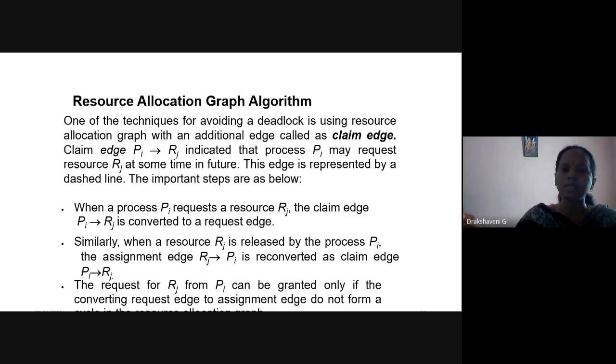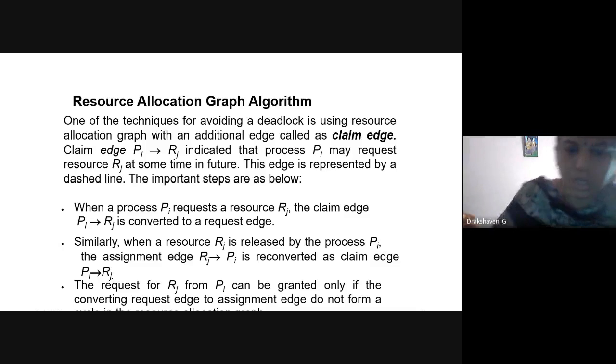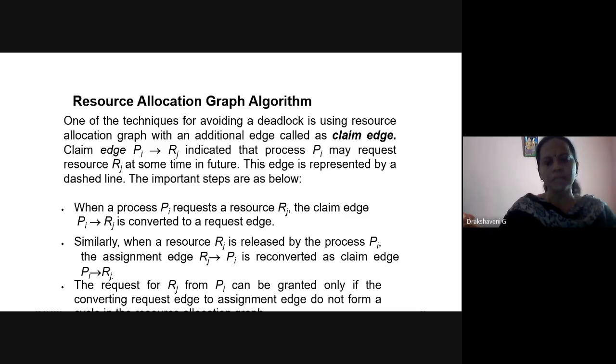The important steps are as below. When a process Pi requests resource Rj, the claim edge Pi to Rj is converted to a request edge. Similarly, when a resource Rj is released by the process Pi, the assignment edge is reconverted to a claim edge.